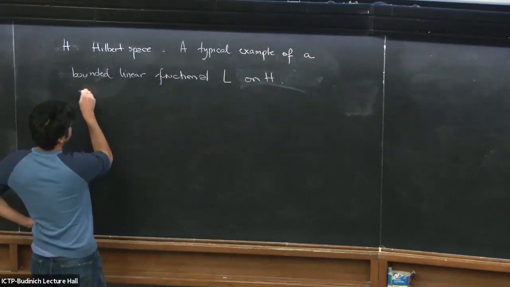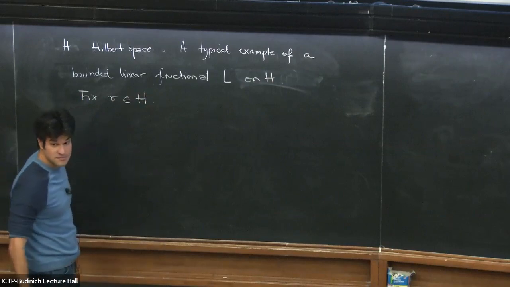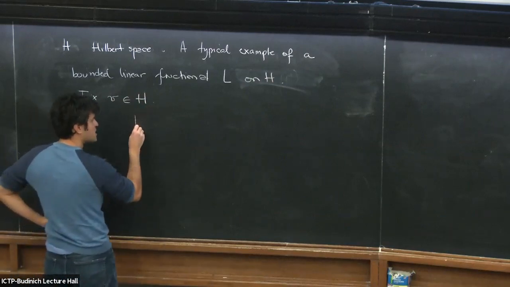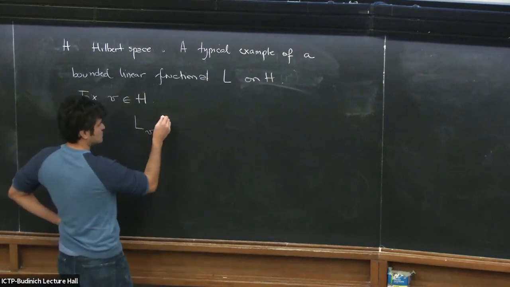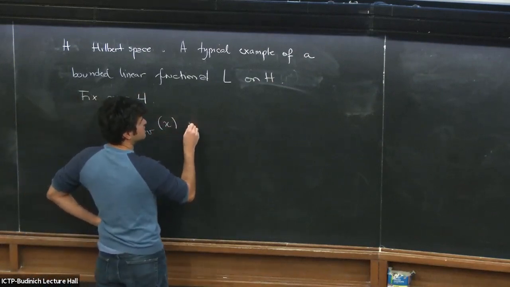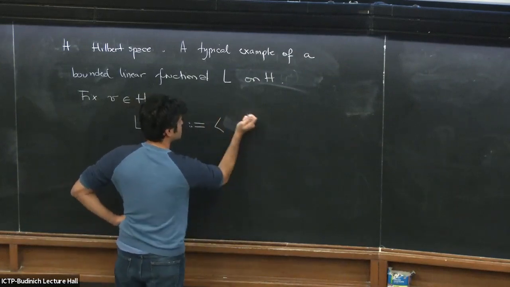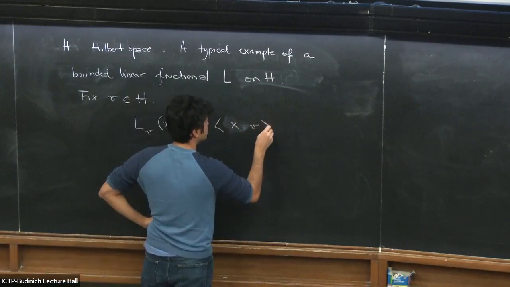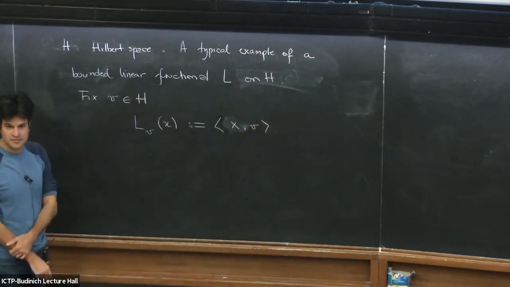You fix a vector V in your Hilbert space H, and let's consider this operator that I'm going to call LV. On a point X, by definition, LV of X is going to be the inner product of X with V. Consider this operator.